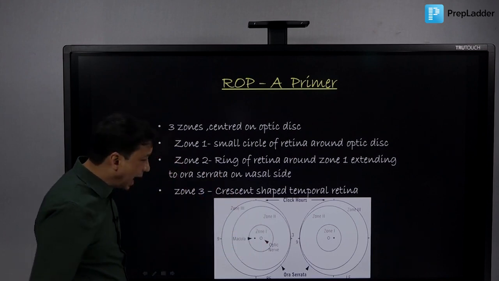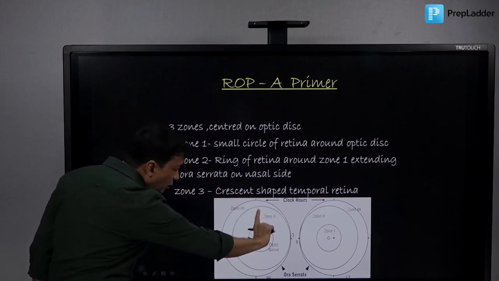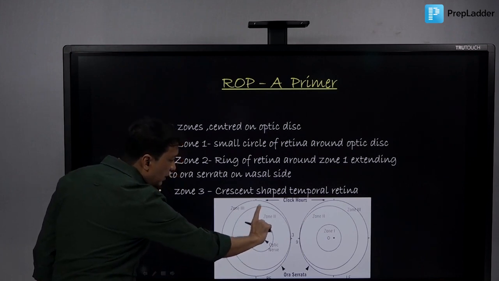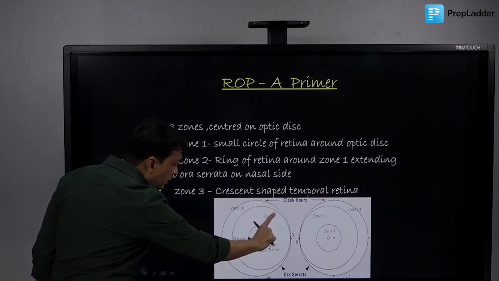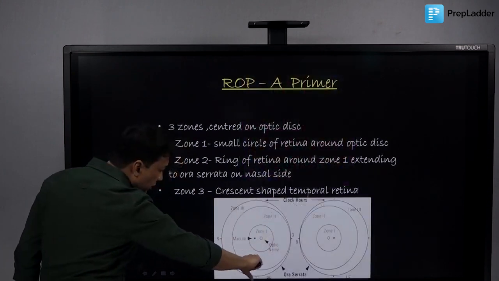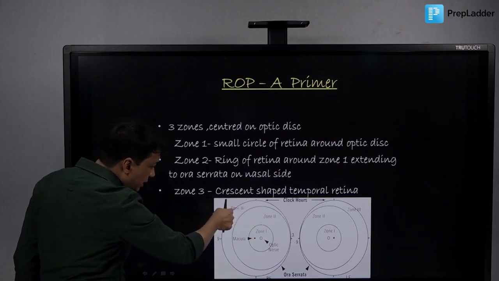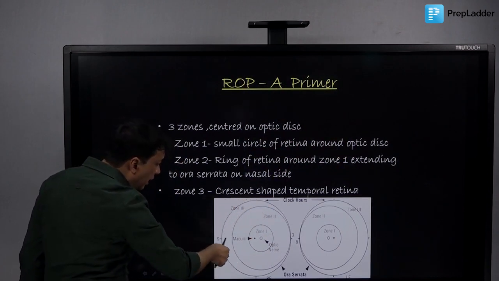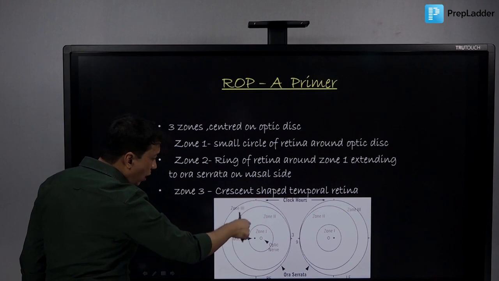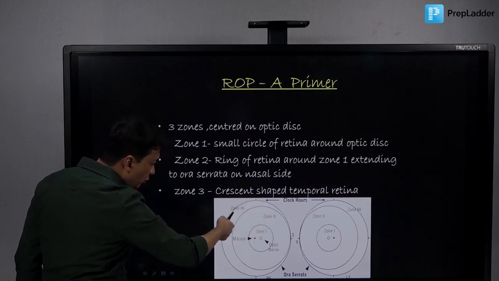Zone 2 is a circle concentric to zone 1, but now the radius of the circle is the distance from the center of the disc to the nasal ora serrata. Whatever little temporal crescent of the retina is left behind is called zone 3. So zone 1 is central, zone 2 is mid-peripheral, and zone 3 is peripheral.